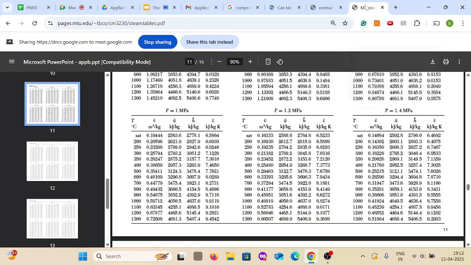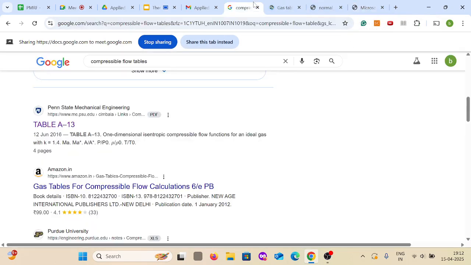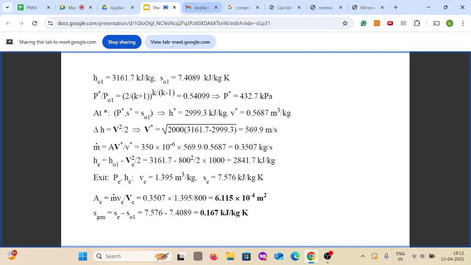So from the steam table, for 150 kilopascal and 2841.7, the specific volume comes out to be 1.395 meter cube per kg, and the corresponding entropy is 7.576 kilojoule per kg Kelvin.